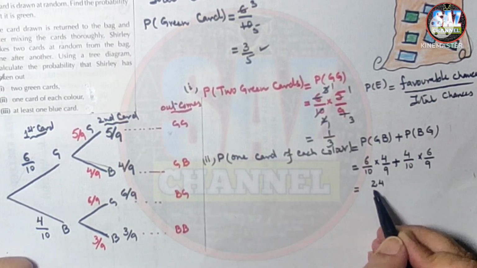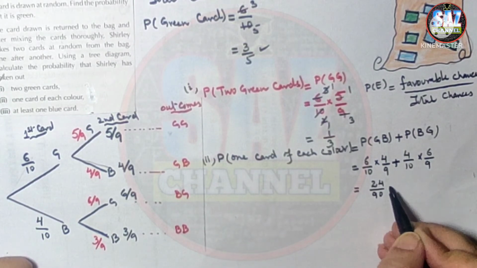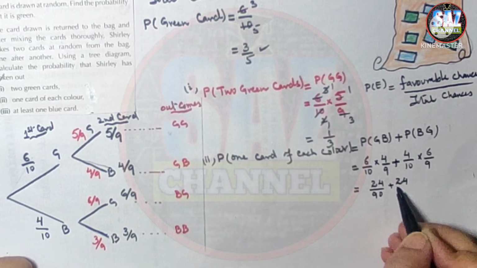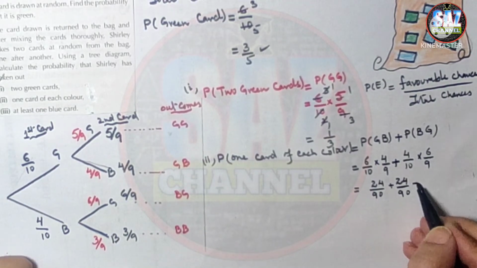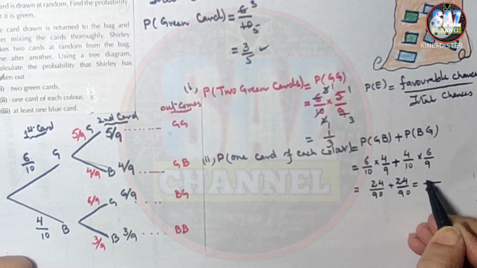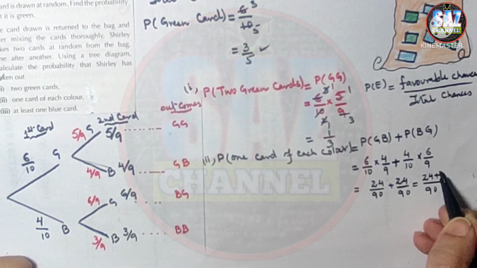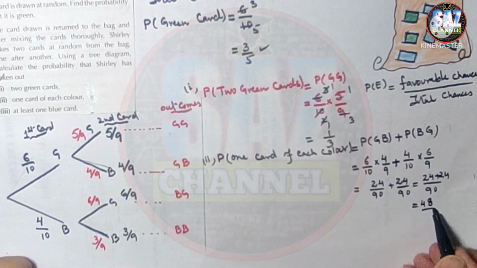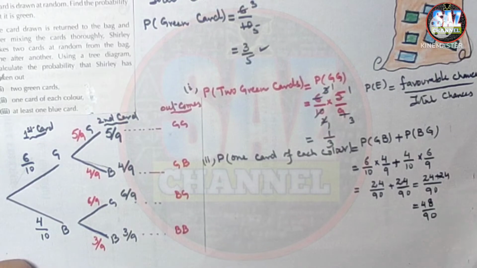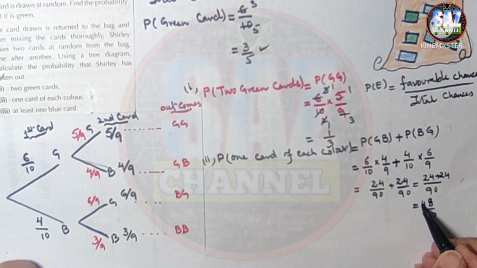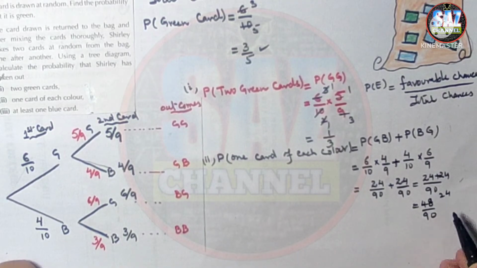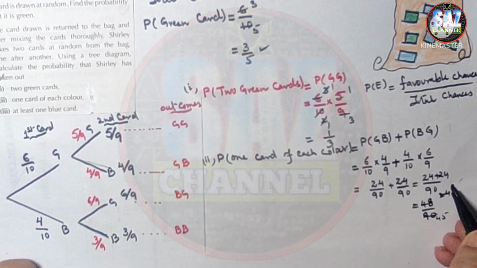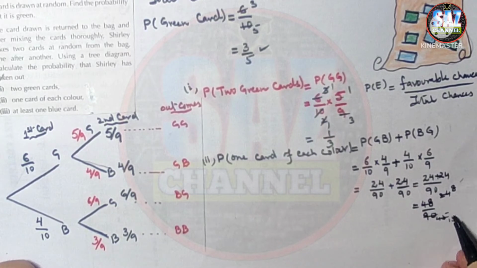24 by 90 plus 24 by 90, take the LCM, this will be 90. 24 plus 24, which is equal to 48 by 90, and now I have to go for the simplification purpose. 2 24 times and 2 45 times, and then 3 8 times and 3 15 times. So it will give me 8 by 15.